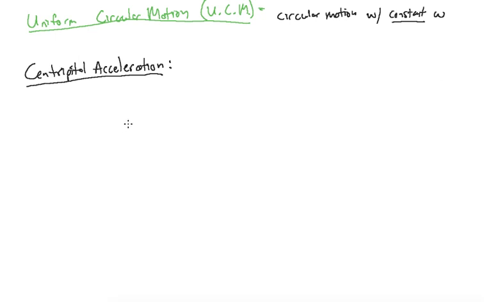Okay? What I mean by that is if something is going in circular motion, here we're going to go ahead and define the tangential velocity. So we've got a velocity of an object. If we look at it at just one moment in time, it has a velocity pointed out tangent to it, right? And that's the tangential velocity. It's tangent to the circular path. This is the center of our circle.